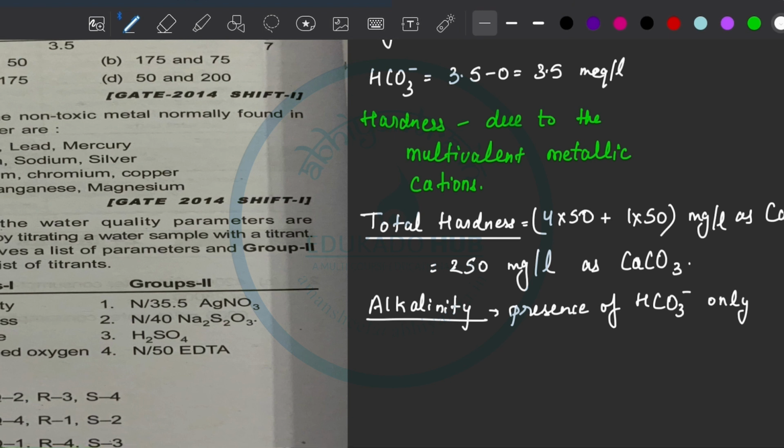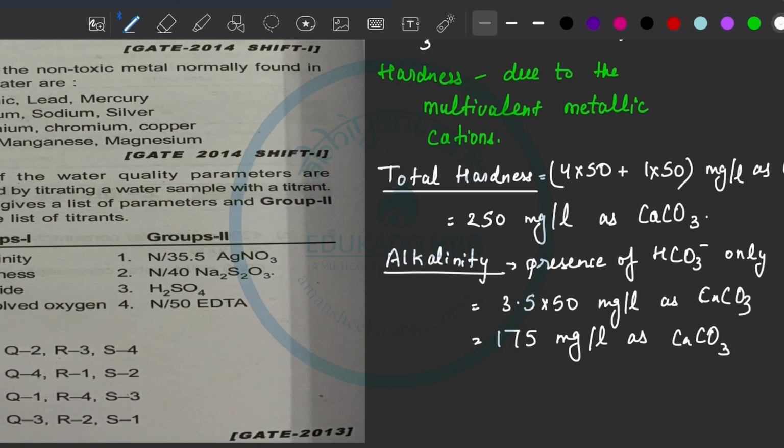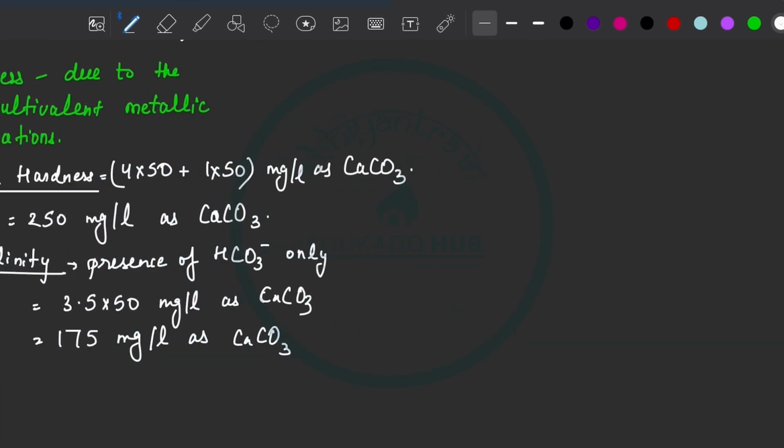Okay, now the alkalinity also we can calculate, that is HCO3 is 3.5 into 50, this is milligram per liter as CaCO3. So this is about 175 milligram per liter as CaCO3. Okay, now we know that what is carbonate hardness.